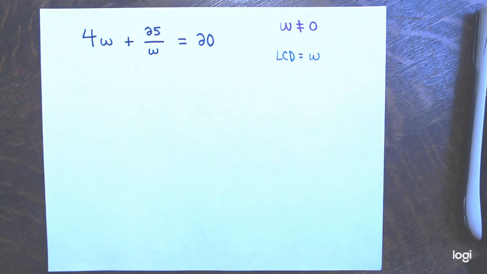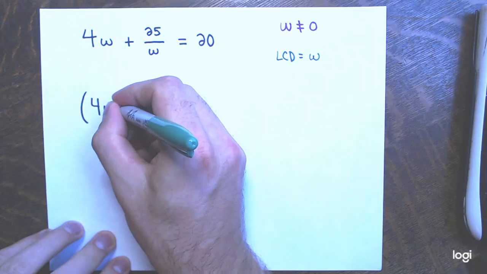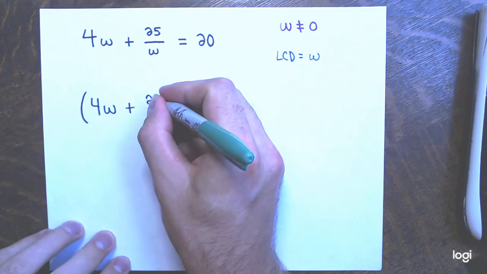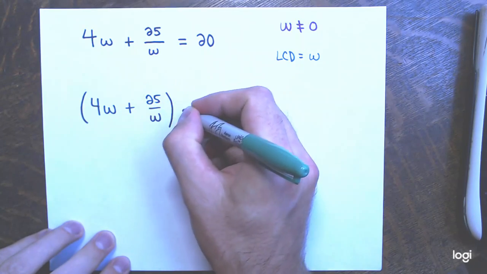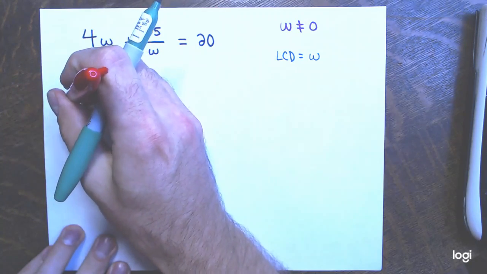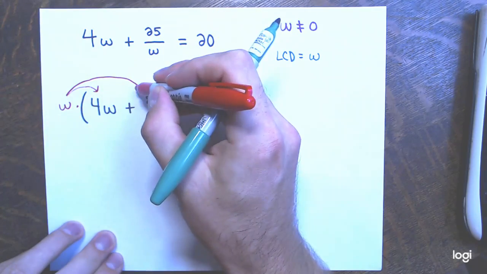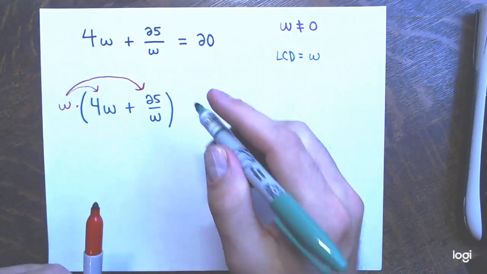I'm going to multiply both sides by w, by the LCD. So I take 4w plus 25 divided by w, and then multiply this by the LCD, multiply it by w. Now there's going to be distributing involved here because there are 2 terms on this side.